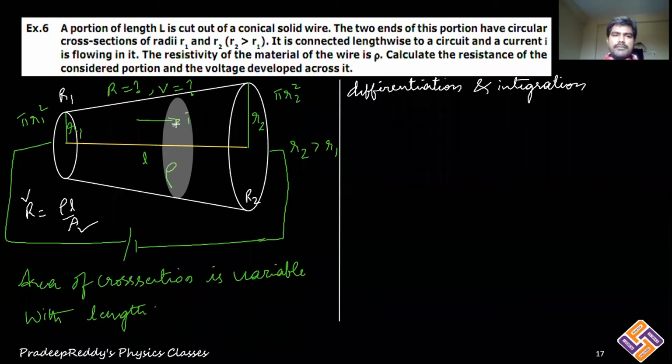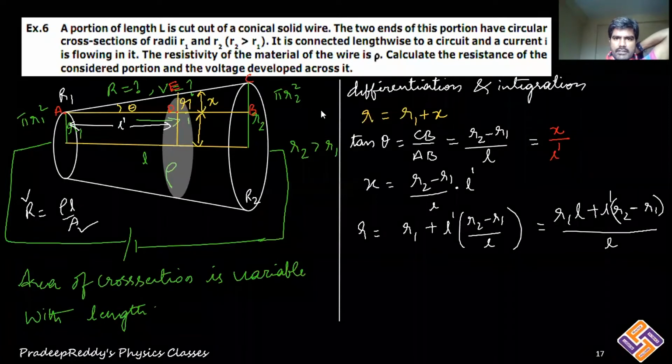And for this very small element, first I will be finding out resistance. After that, you will integrate it between the limits from lower area of cross section to higher area of cross section, so that you can find out the net resistance of the conductor. That is my idea to calculate. So first I'll take this element. This element will have very small resistance. I need to now find out that resistance.